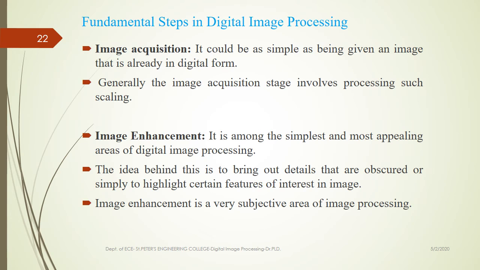So image enhancement is the simplest processing in digital image processing. For improving the quality, we can incorporate different mechanisms. Based on subjective analysis, we can identify the quality of images in image enhancement.